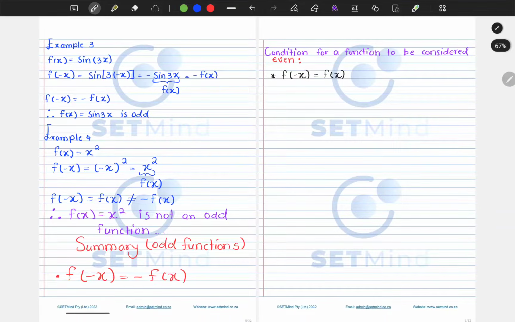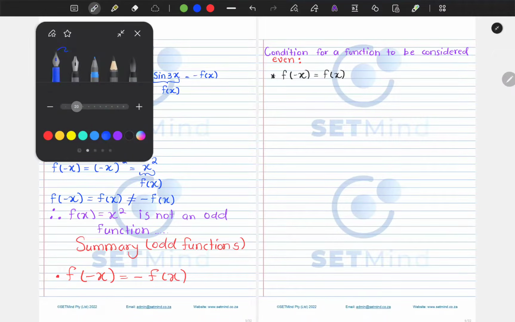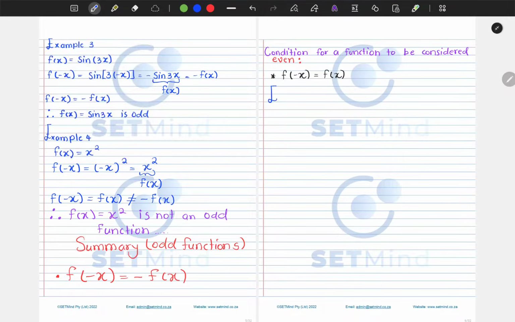So let's go and have a look at a few examples. So we'll have a look at example 5. And the question we are asking ourselves is: is this even? Okay. And the function which we are given is f of x equals 3x squared plus 4 as an example.